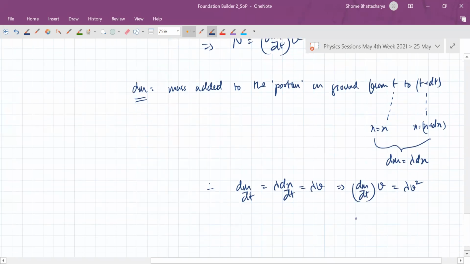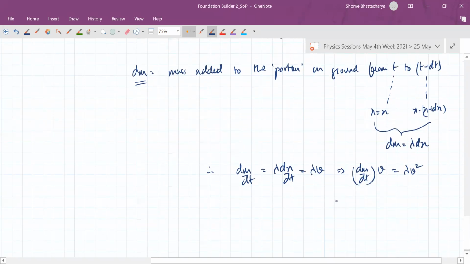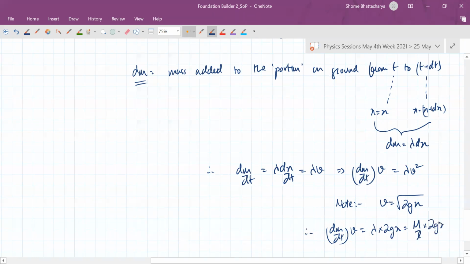And just now we had seen that v was equal to root 2gx. So that term dm by dt into v becomes lambda into 2gx, where lambda is the total mass per unit length.